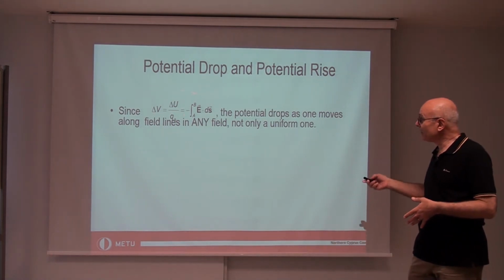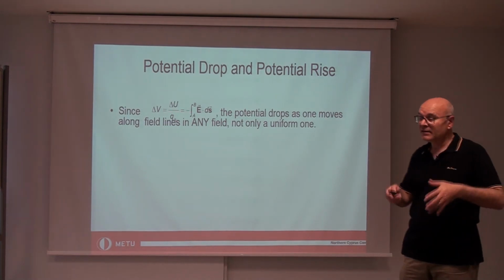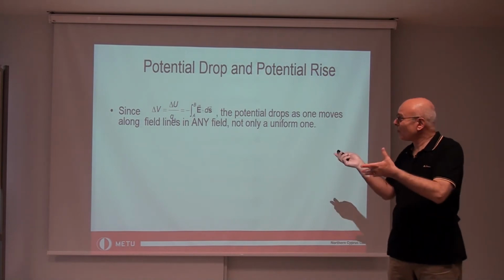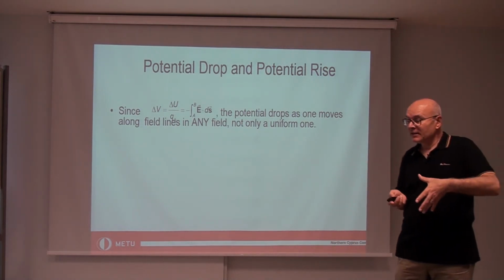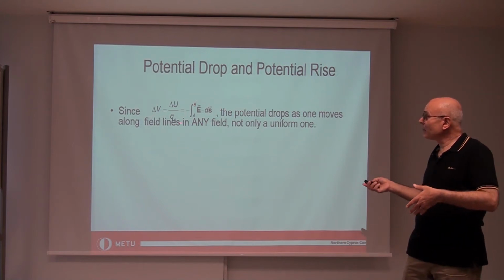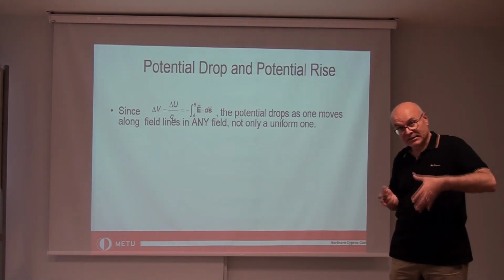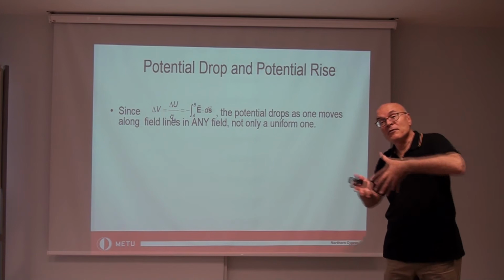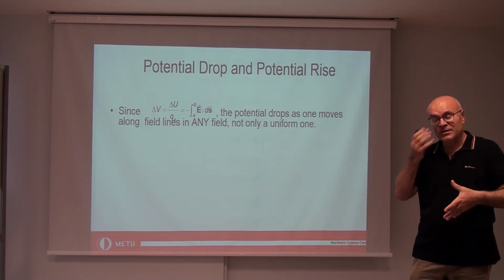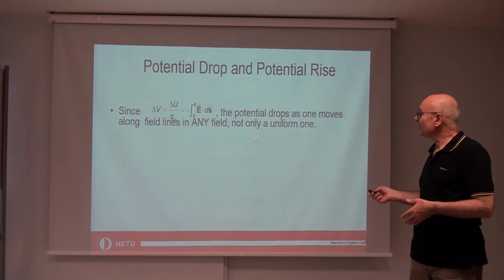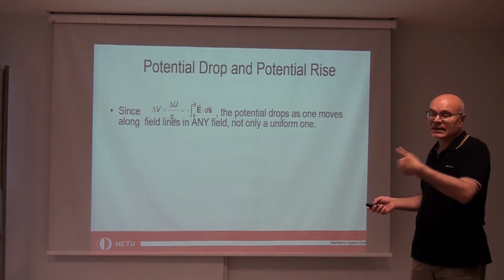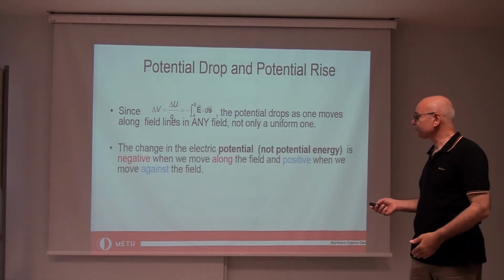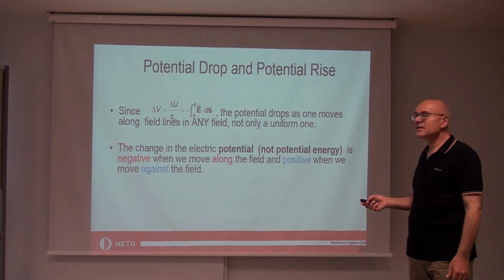Due to the fact that delta V is given by this expression and this minus sign, one can show, we will not show this explicitly, but it's almost intuitively evident, that as you find the potential difference of B with respect to A, given that B is down the electric field lines with respect to A, or down the stream if you like to think of it this way, then in this case the change in potential will always be negative, or there's a decrease in the potential as you go from A to B. So this is the general result.